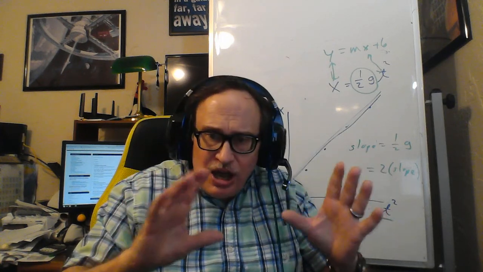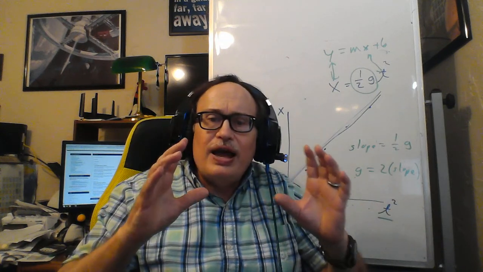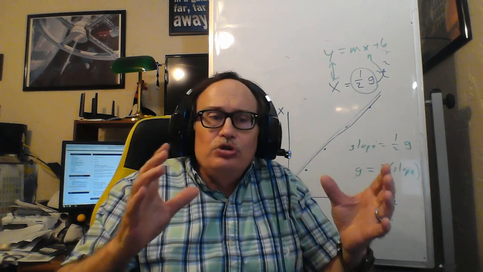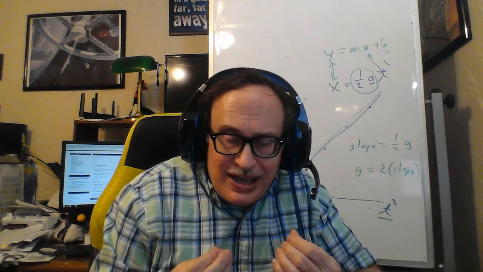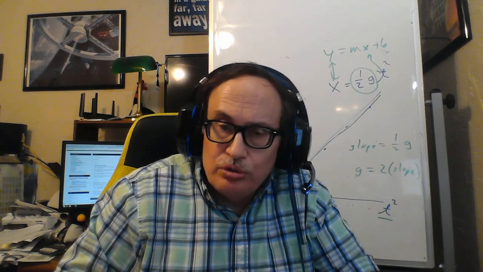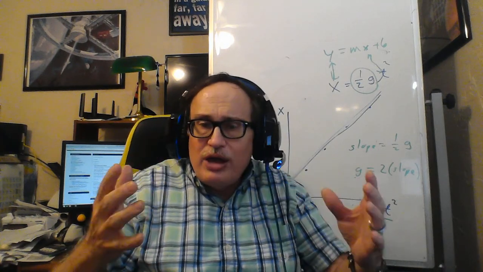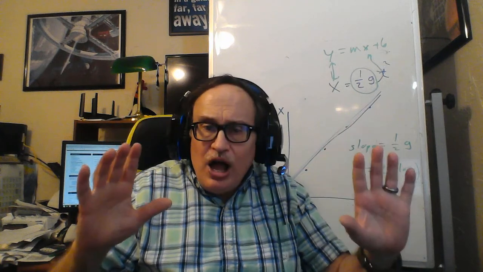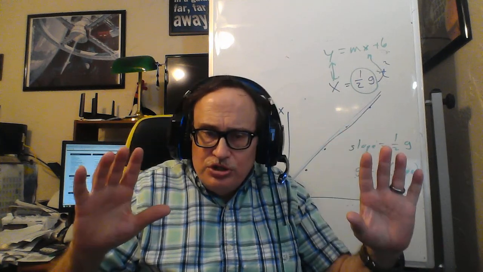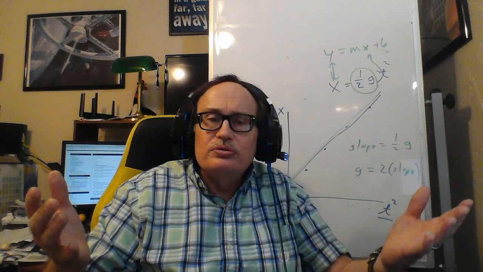So that's what this lab is about: looking at data, looking at how you analyze data, and how you tease the correct answers out, even if you don't know whether all your original measurements were exactly correct. That's the power of this. This is why it's so important, because in real life, in real science, in real engineering applications, you don't always get the exact right measurement that you want.